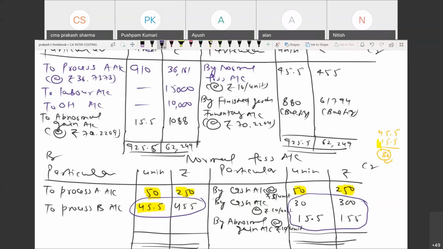The quantity and amount of abnormal gain would be transferred to abnormal gain account, and the units of normal loss left after abnormal gain, which is 30 units, is our actual normal loss, which will actually be scrapped and realized by us. So the 15.5 units which could not be scrapped because there is no normal loss would be charged against the abnormal gain account.